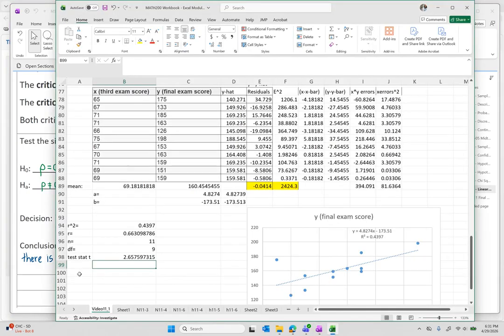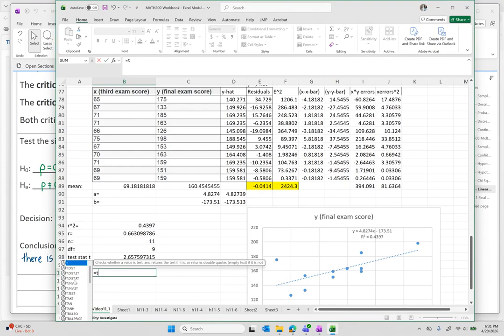So here, if I wanted to do the t critical in Art of Stat, I will say T.INV.2T. This function asks what you want the probability to be, and I want the probability to be alpha. Let me put alpha here, comma, and then it asks what you want the degrees of freedom to be, and I want them to be 9.